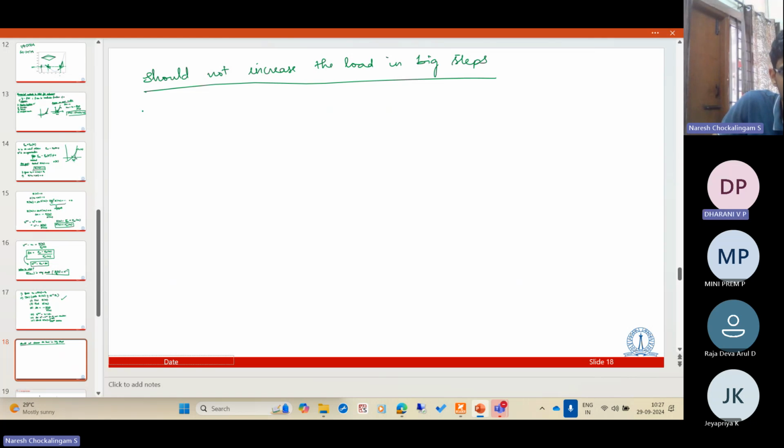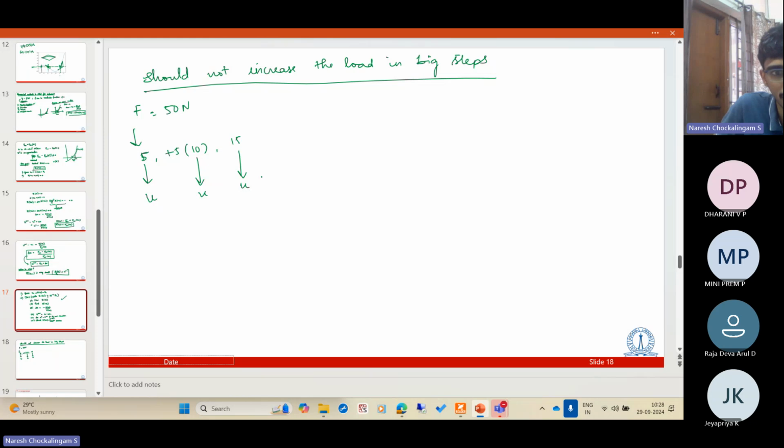So instead of applying F equal to 50 Newton all at once, I'll first apply 5 Newtons, get the U. Then I'll increase another 5, so I'll get 10 Newtons, get the U. Then I'll apply 15 Newtons, and get the U. So I'm increasing the load in small steps, and for every increment I have to do this.